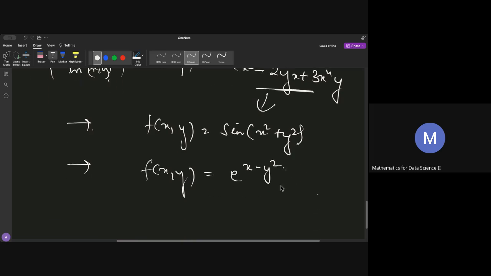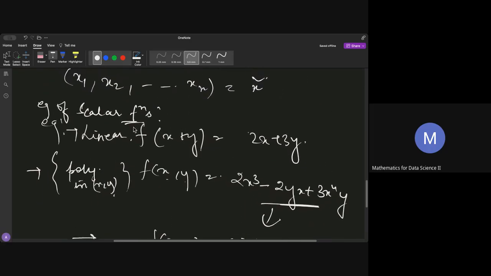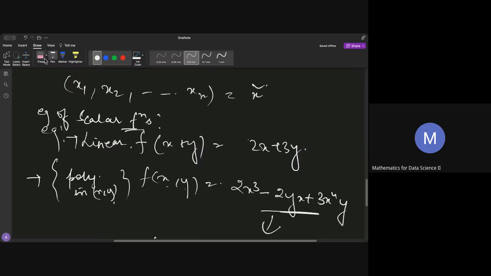Obviously all of these are multivariable, so these are scalar valued multivariable functions.